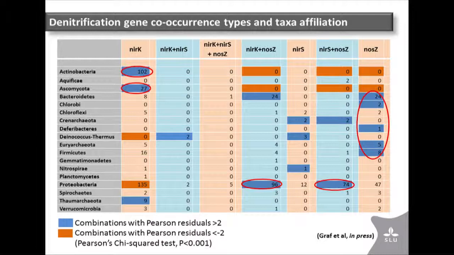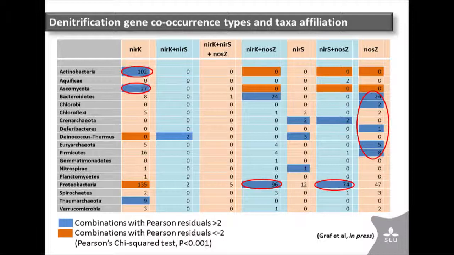So these different co-occurrence types are not randomly distributed among the taxa that we investigated. So there is a pattern, so certain taxa have more of one type and other taxa are more prone to belong to another type.